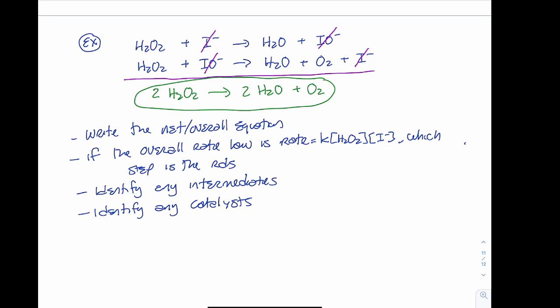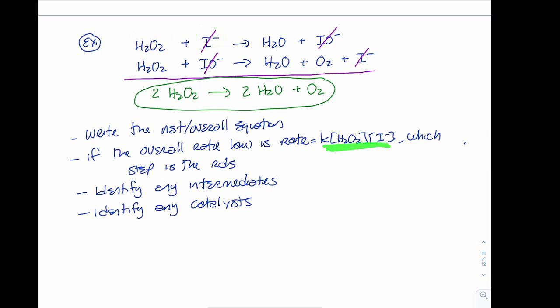So our question then, I only have two steps. Is this the rate law for the first step? If it is, then that's the rate determining step. If it's not, then the first step isn't the rate determining step, and it has to be the second because I only have two steps. So if I look, hydrogen peroxide, 1 mole, iodide, 1 mole.